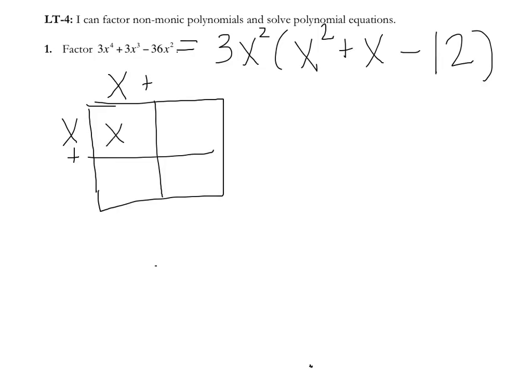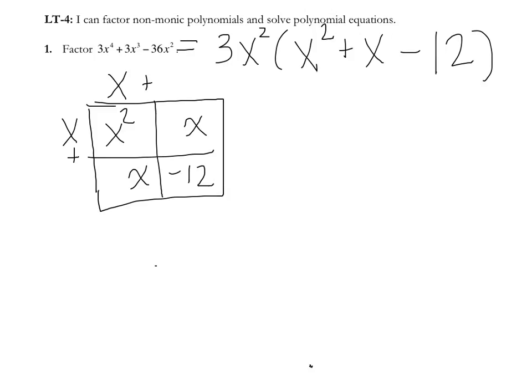So our x squared will go in our top left box, our negative 12 will go in the bottom right. Now these other two terms are going to be something times x, and we have to think about what numbers we should put in front of those x's.